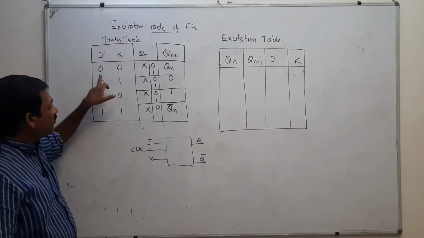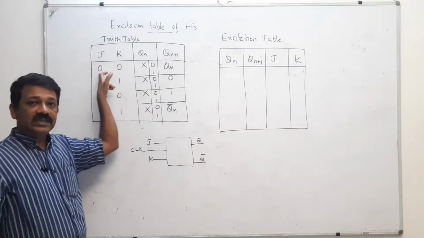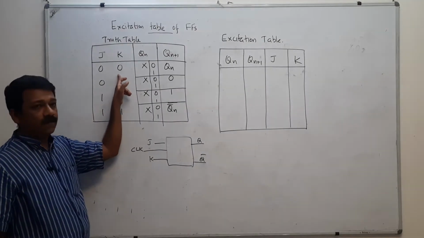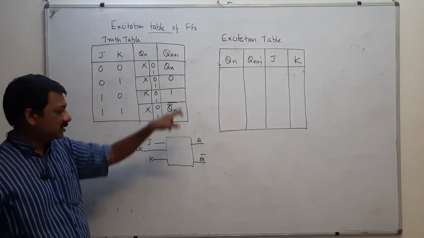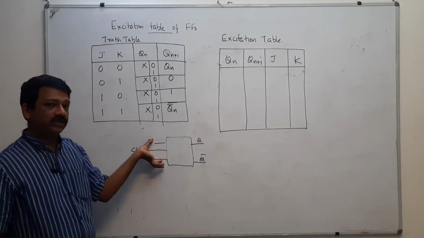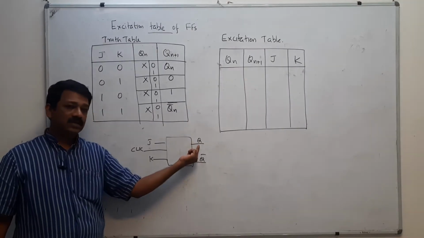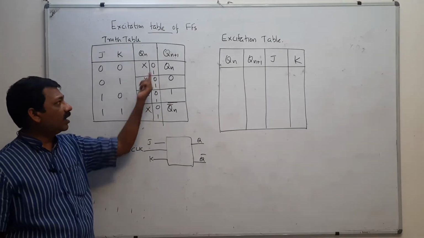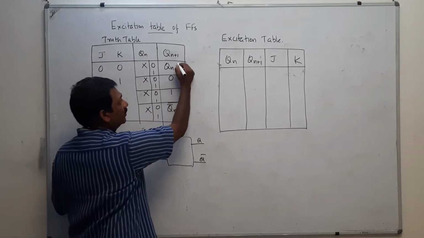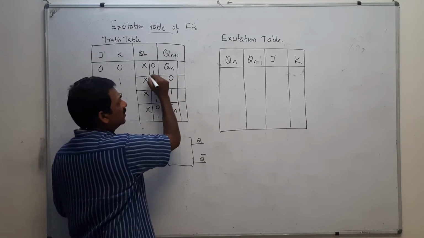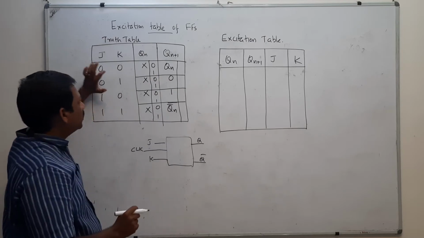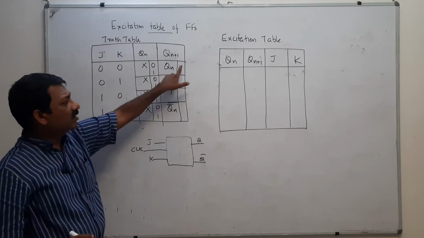For example, suppose that the values of J and K are 0 and 0, and the current state is 0. Current output is 0. What will happen? As J and K are 0 0, this is storing the previous value.